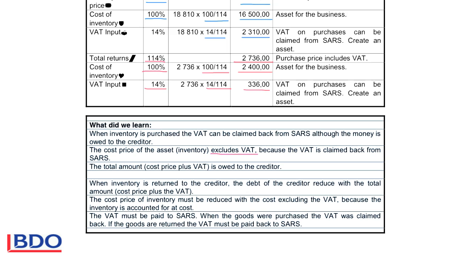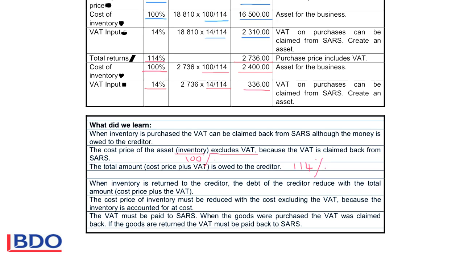So the inventory will never have VAT in it because we claim the VAT back from SARS. So the cost price of the inventory will always exclude VAT and will therefore be a 100% account. The total amount cost plus VAT is owed to the creditor, so the creditor is a 114% account.